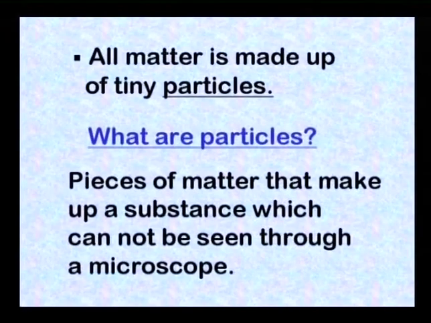Okay, let's see what I have. Particles are pieces of matter that make up a substance which cannot be seen through a microscope. Just like you have seen in the picture, I had a diagram there on the topic, We Are Particles.